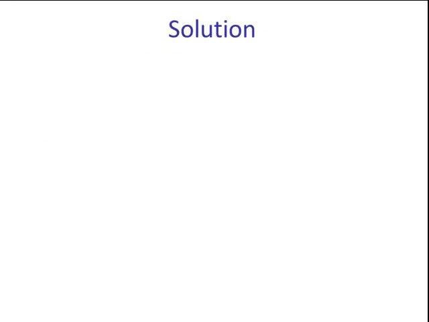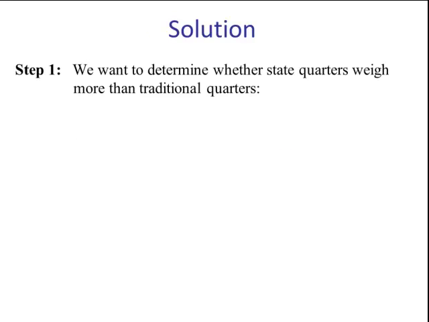So step number 1, we need to state the null and the alternative. We want to determine whether state quarters weigh more than traditional. So this is going to be a right-tailed test. We have mu for our state, and this is how we indicate it with a subscript, equals the mean of traditional. So that's our assumption. Now we can write this another way.